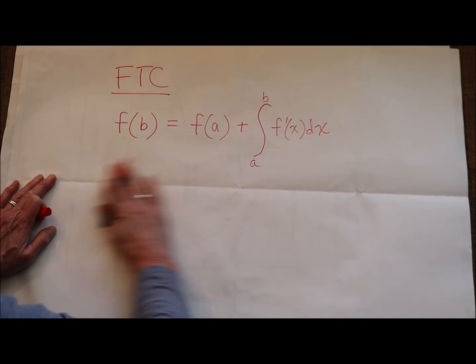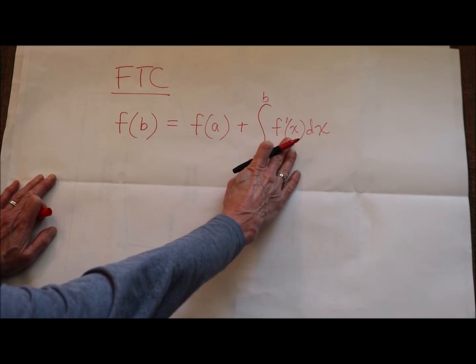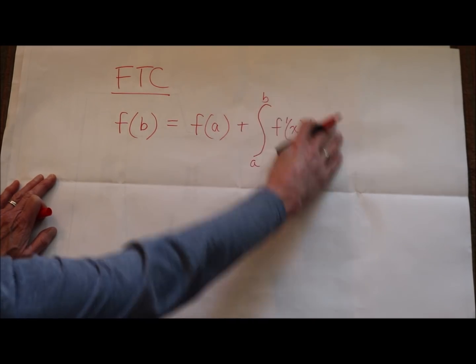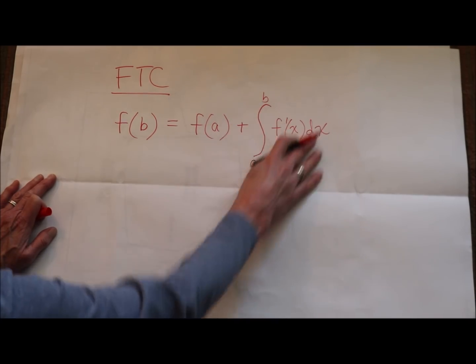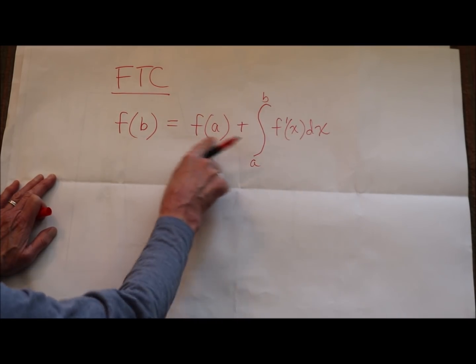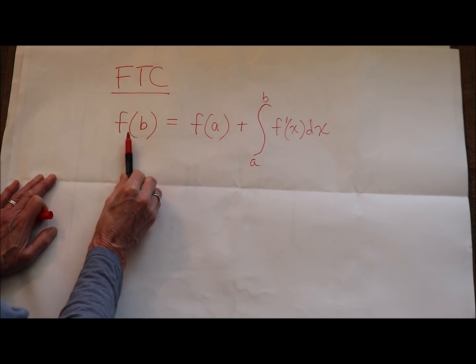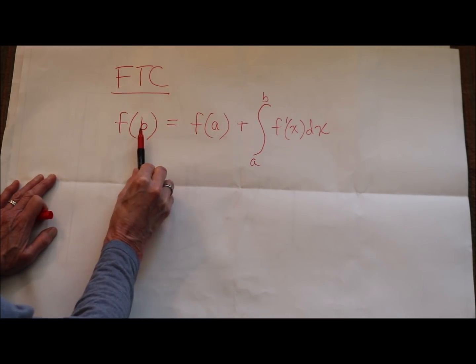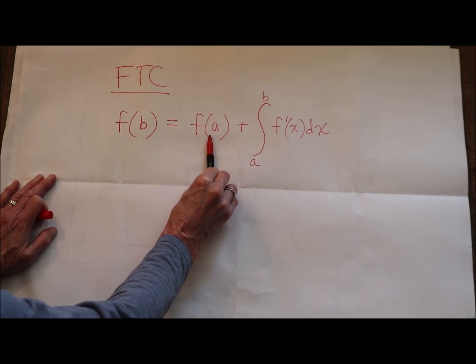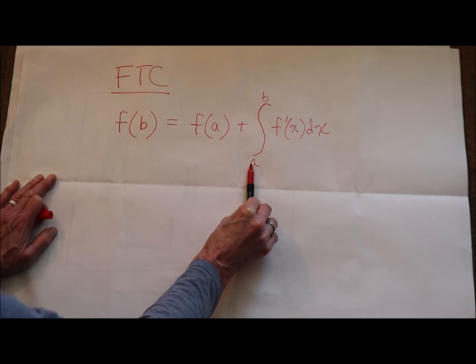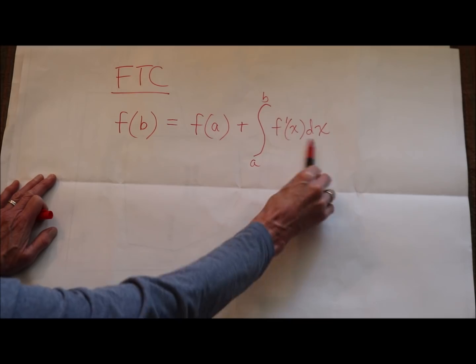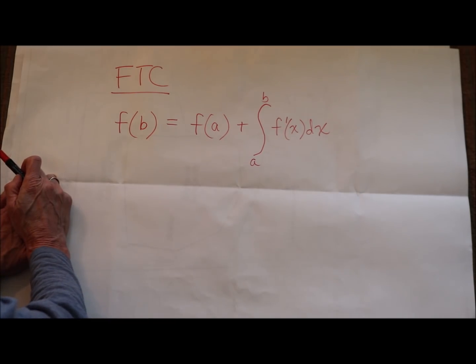Okay? This is classic. So if you know the rate at which something is changing, this is the amount it's changed, and you add that to the starting position. So for example, if this is a particle, if I want to know where a particle is at time B, I know where it is at time A. This is the change or the displacement of the particle from A to B, and that's my rate. Classic.